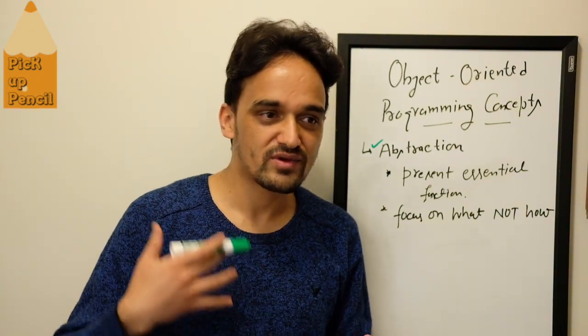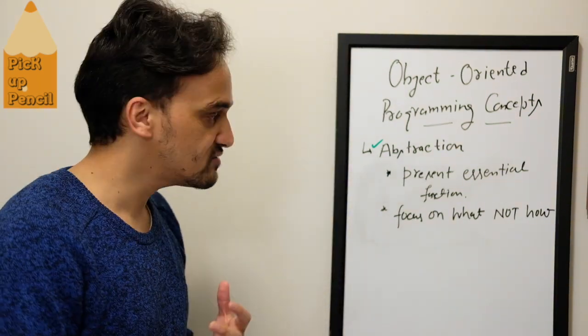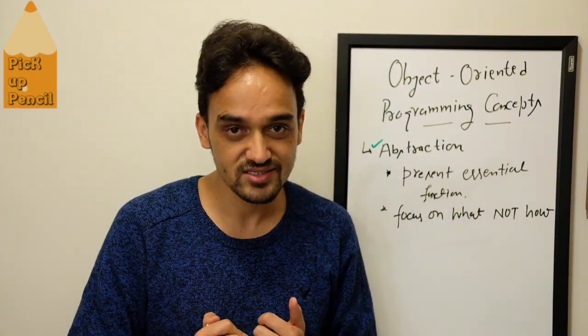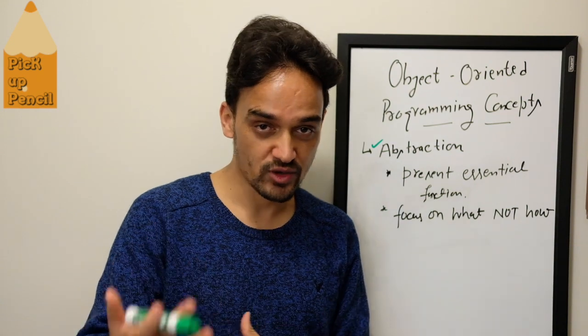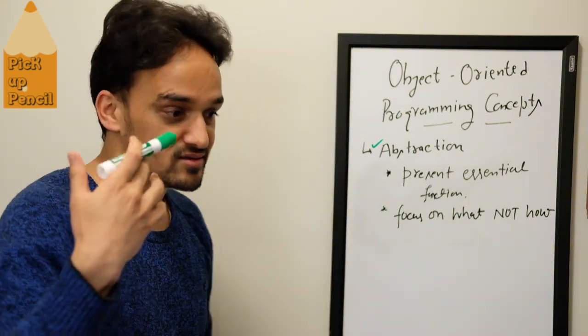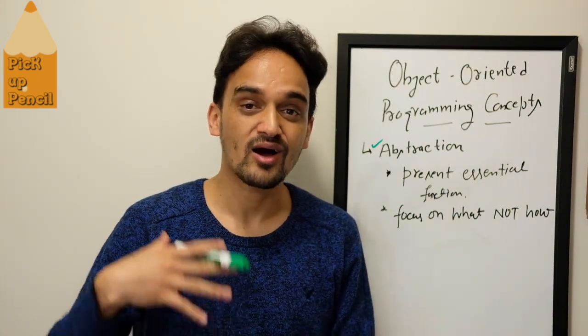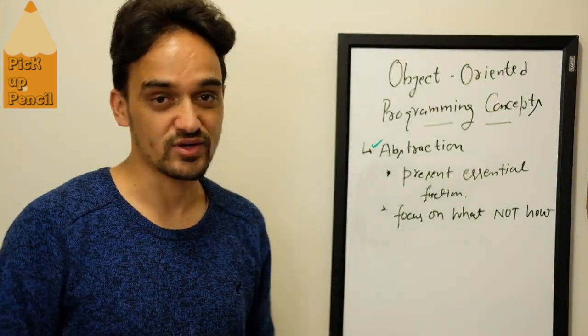When we achieve abstraction in our programming, we are only showing the required functionality but not showing how we actually did it.